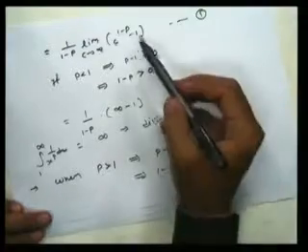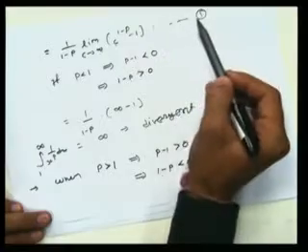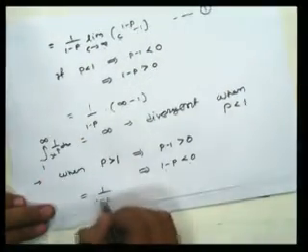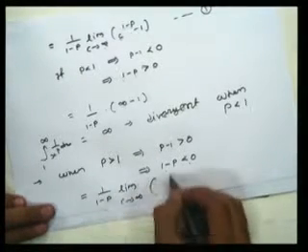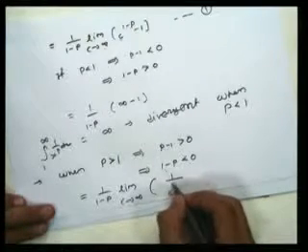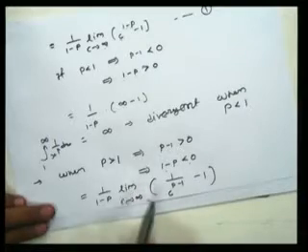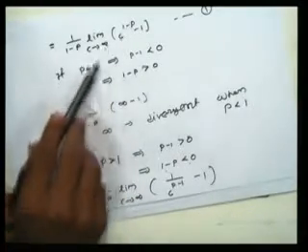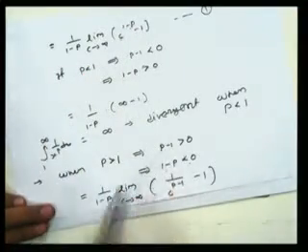So to make it positive, we write equation 1 in this form: 1 upon 1 minus p, limit c tends to infinity, 1 upon c raised to p minus 1, minus 1. Here we have taken the reciprocal of c raised to 1 minus p to make it positive.